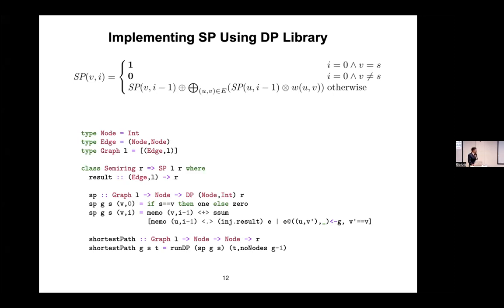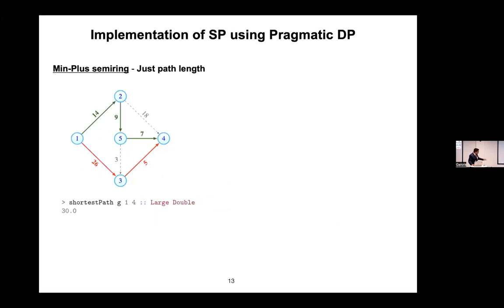So once we have this implementation, what do we do? Just try finding the shortest path for this particular graph. So we call shortest path on graph G between nodes 1 and 4. And this large double is simply specifying what semi-ring we are working in. We are specifying the semi-ring simply based on the type annotation.